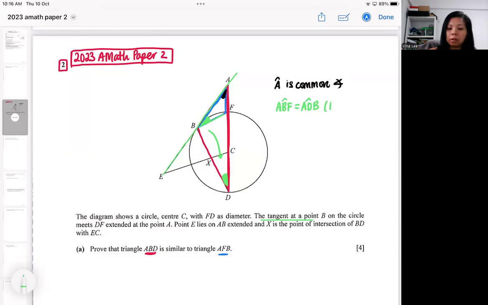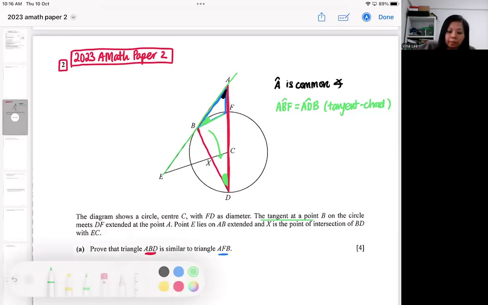So this is the tangent chord theorem. With the two angles, that is already sufficient for you to prove similar triangle, and that's it. So it's 4 marks, but essentially it's just the two angles. That's all. Okay, so that is just the first part.